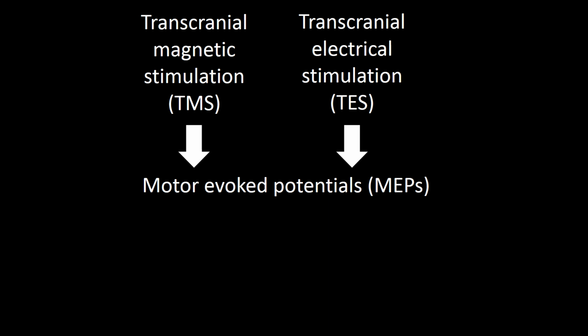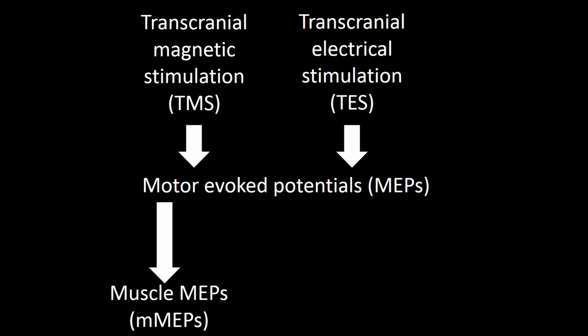Nevertheless, during this talk, I will mention and use motor evoked potentials to include potentials resulting from stimulation at the level of the brain, the spine, and the nerves. So, when the end result of a motor evoked potential is recorded at the muscle, we will talk about MEPs.